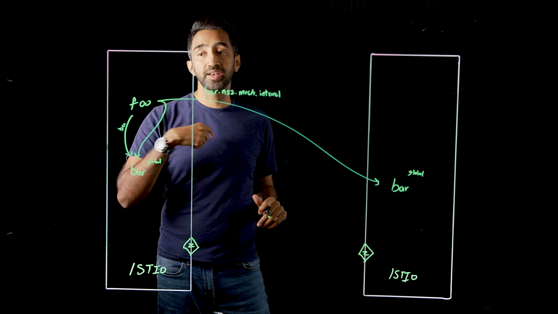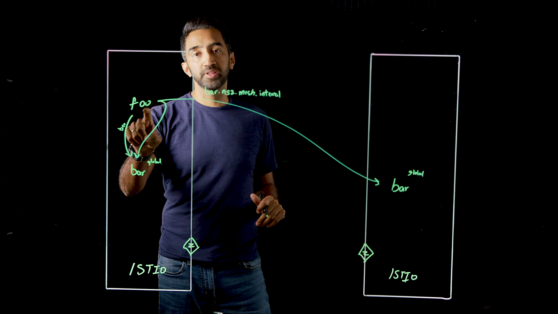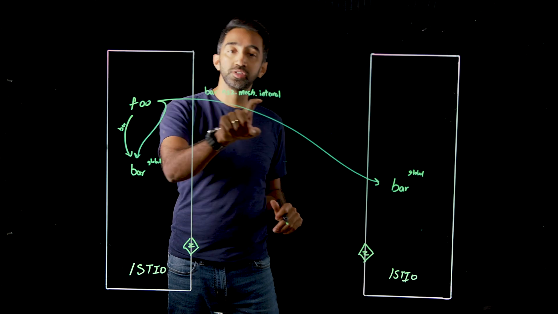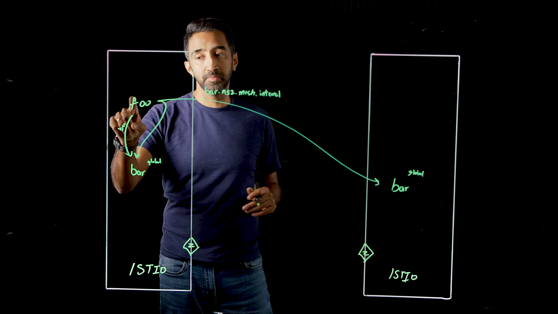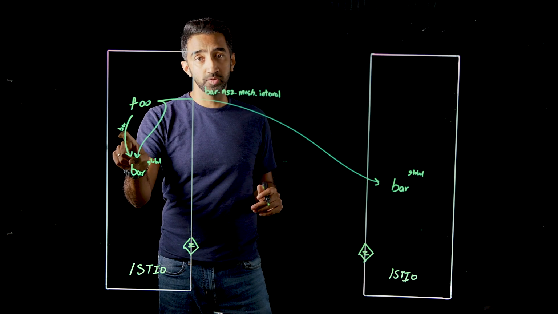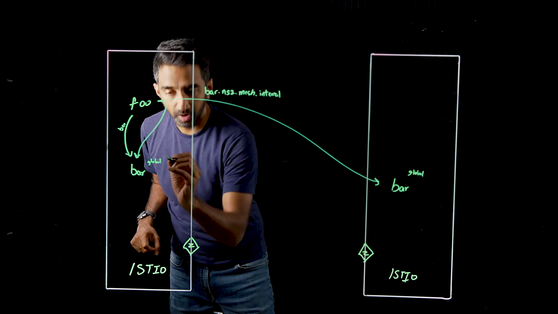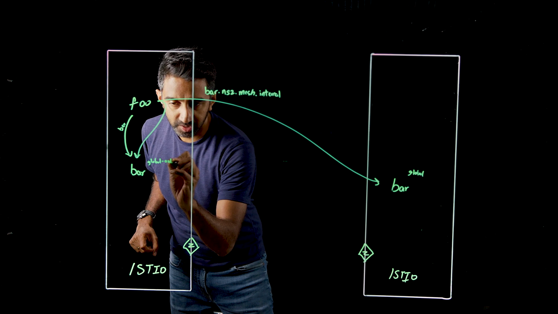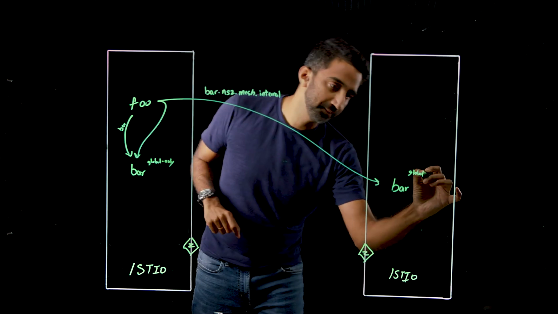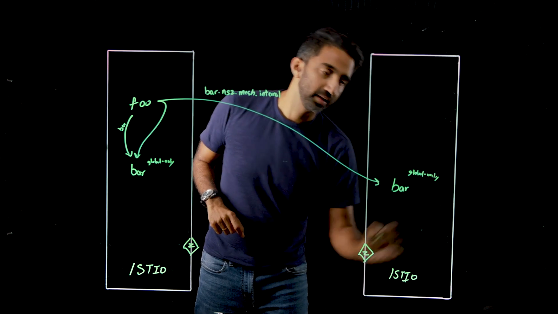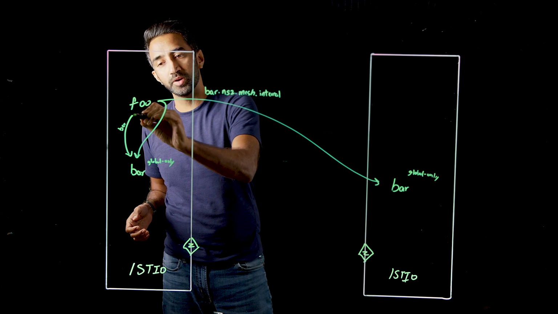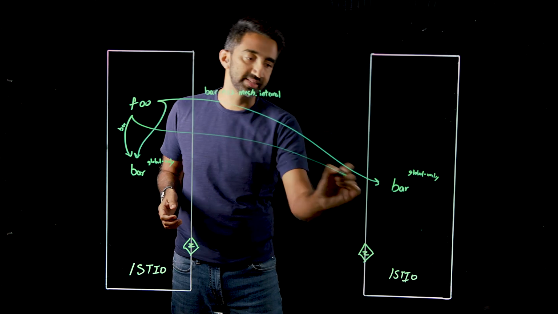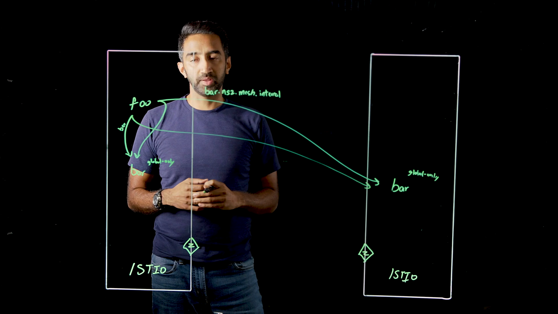So let's say I want all traffic that's going to bar to also have multi-cluster capabilities. If I'm not able to change the application foo to use this new host name, but instead I have to provide multi-cluster capabilities to the previous host name, just bar, then all I have to do is change the label to global only. And what that allows you to do is all traffic that's going to bar will also get the same multi-cluster routing capabilities.